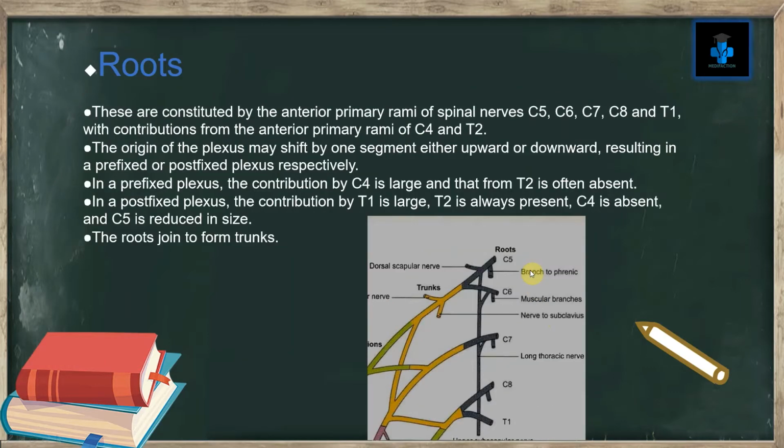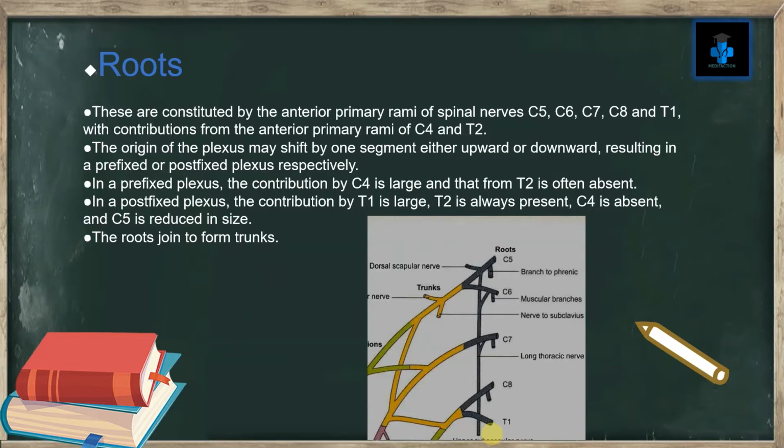Let's move on to the roots. These are constituted by the anterior primary rami of spinal nerves C5, C6, C7, C8 and T1, with contributions from the anterior primary rami of C4 and T2. The origin of the plexus may shift by one segment either upward or downward, resulting in a prefixed or postfixed plexus respectively.